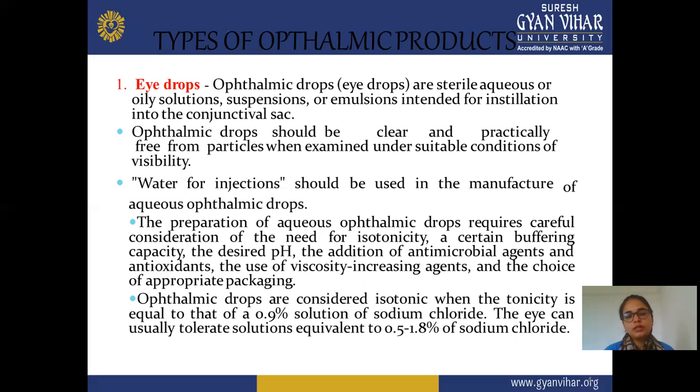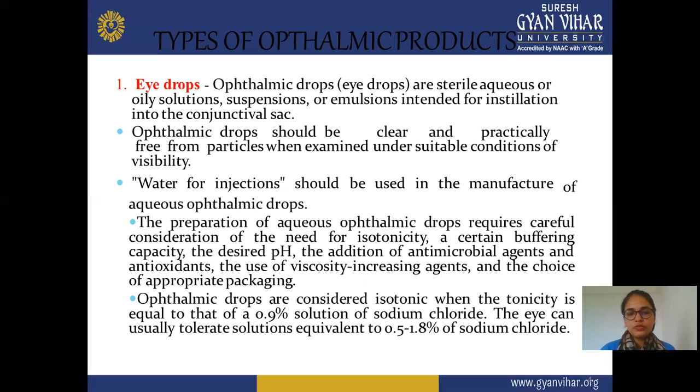Next, ophthalmic drops are considered isotonic when the tonicity is equal to that of 0.9% solution of sodium chloride. Means not a hypotonic or hypertonic solution is required for this eye drop. It should be isotonic, and for preparing isotonic solution, we already discussed isotonicity. For preparing this isotonic solution, we require 0.9% sodium chloride solution for maintaining this isotonicity.